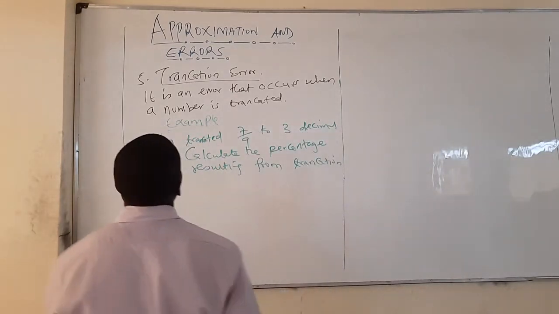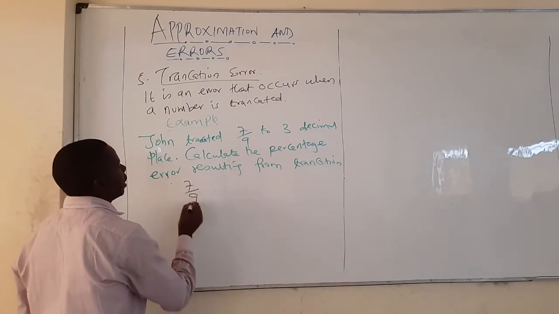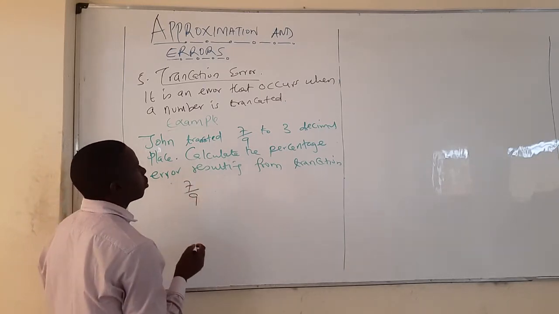So we have the number 7/9. This one is truncated to 3 decimal places.